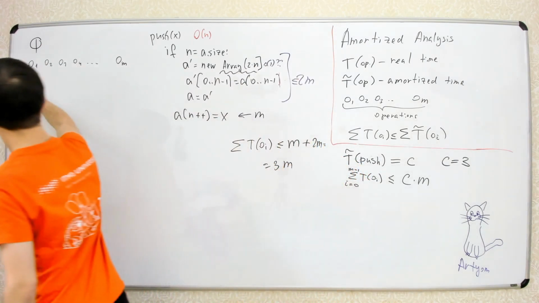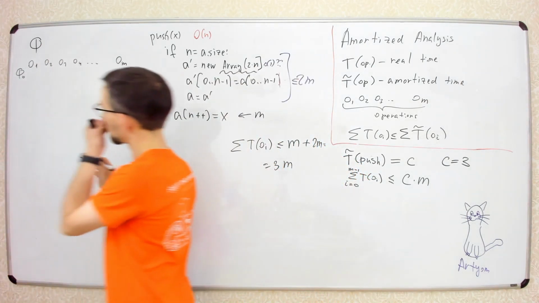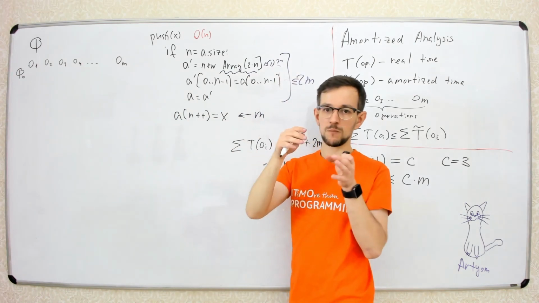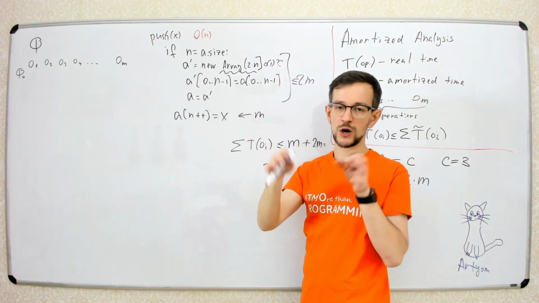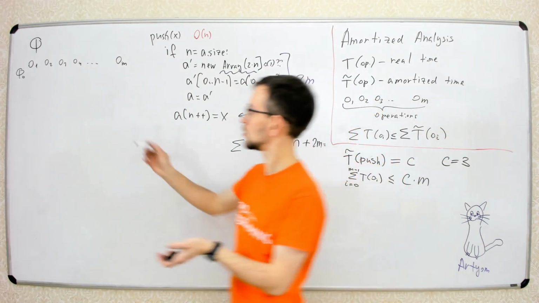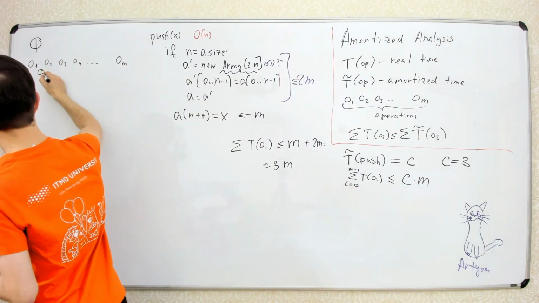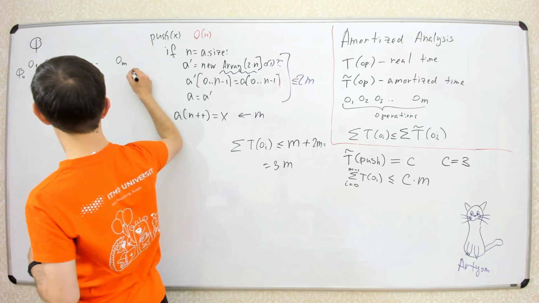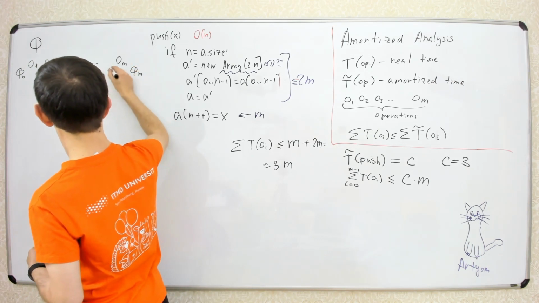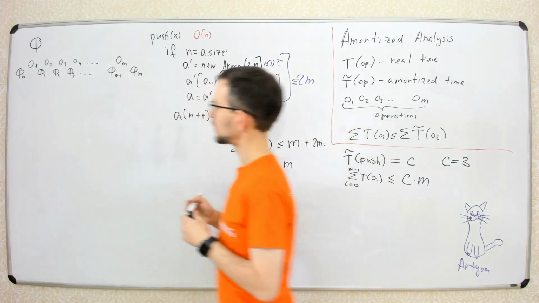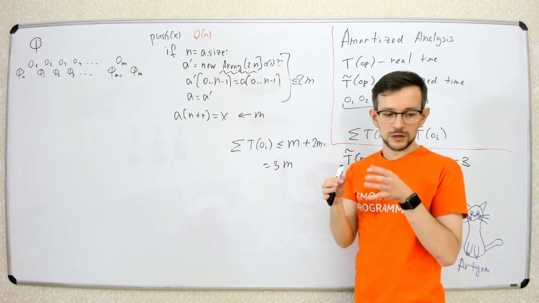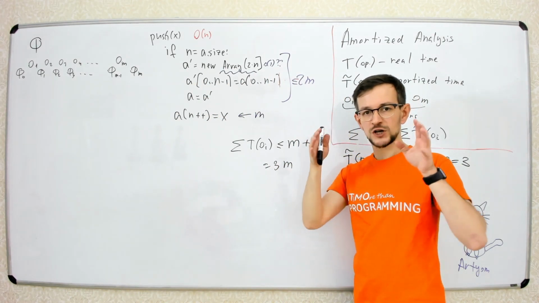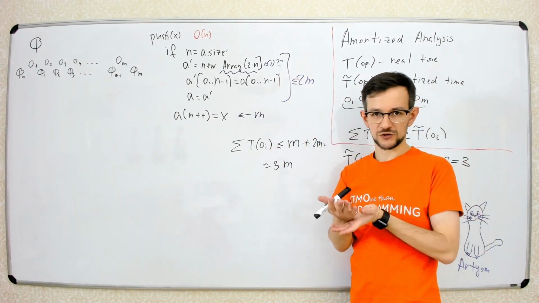So here is v0. Now we make the first operation, and we have another state of the data structure, so we have potential equal to v1. Here we have v2, v3, and so on, up to vl. So this potential function corresponds to the current state of the data structure.